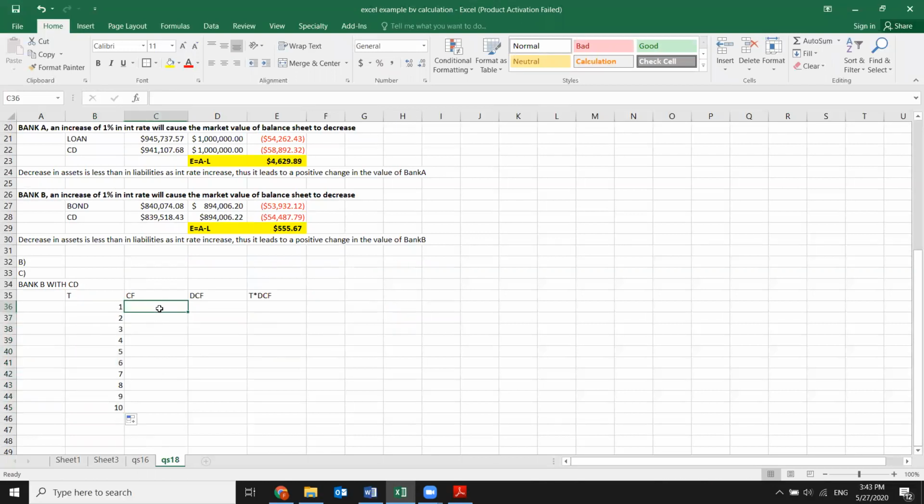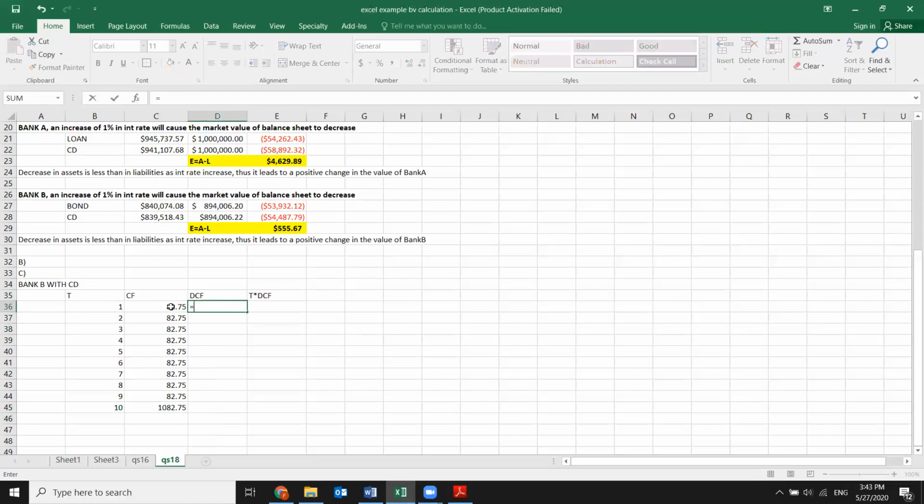And our cash flow is 8.275%, which is 82.75. It is paid annually. So we're dragging until here. At the end, we're going to put the face value 1,000 plus the interest paid. So this is what we get. And if you want to discount it, you will discount at 10%.